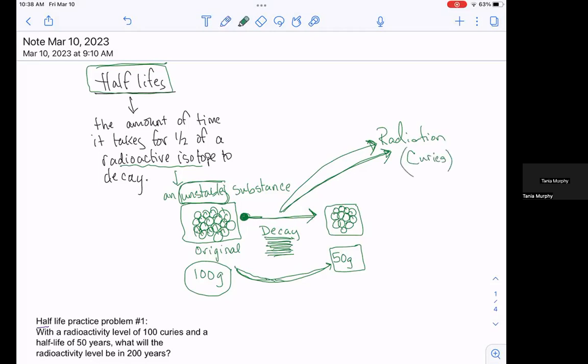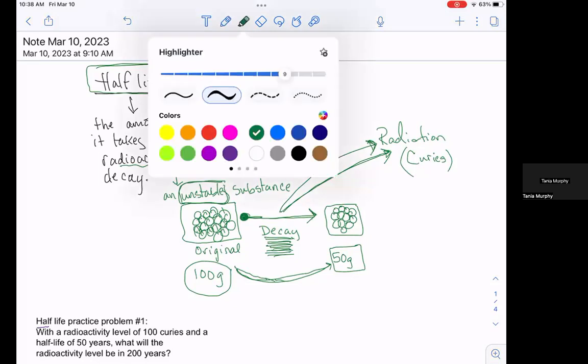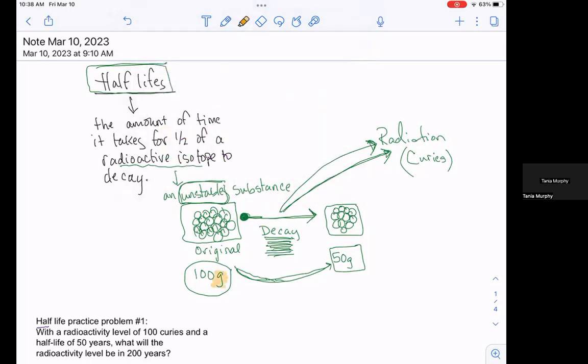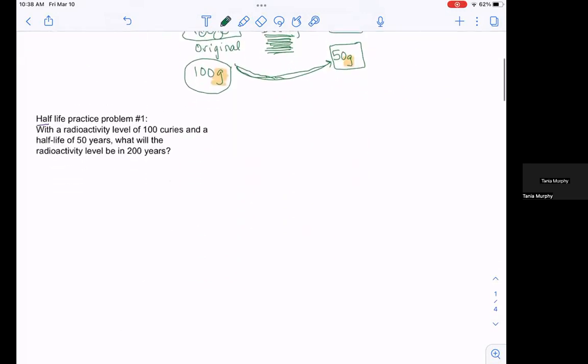So we'll see mass values, numbers of half-lives, and we'll be given curies, and we'll have to do some calculations. All right, so let's go.